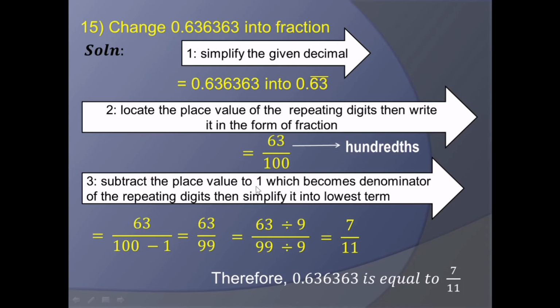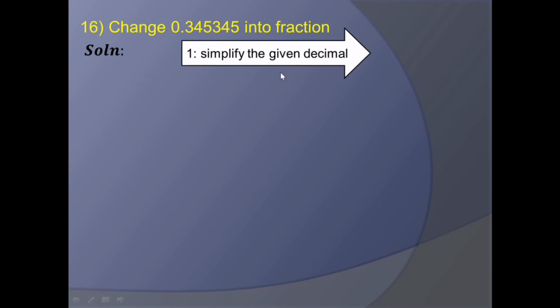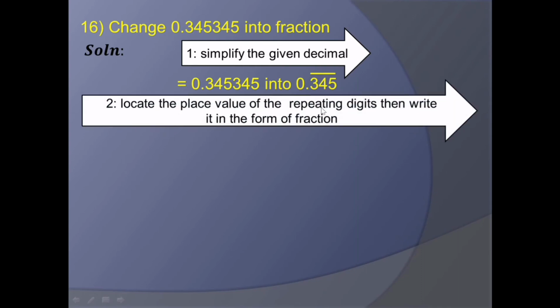Okay, let us have another of the same problem. We're going to change 0.345345 into a fraction. First step is to simplify the given decimal. Instead of writing it this way, we're going to convert it into 0.345 with a vinculum, or bar. Then locate the place value of the repeating digits, then write it in the form of a fraction.